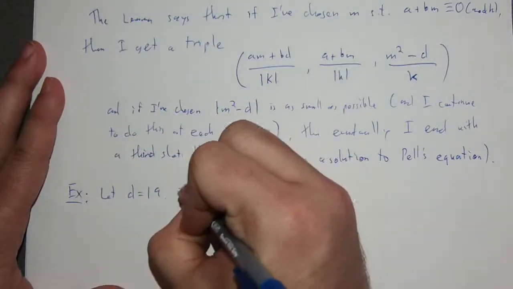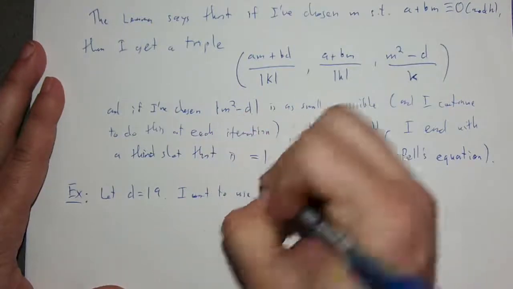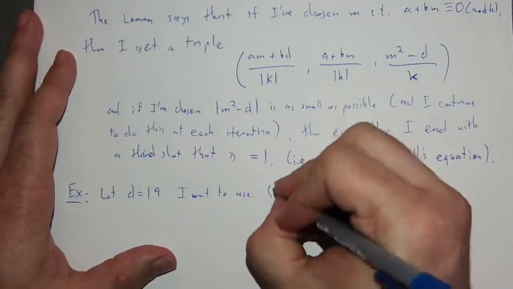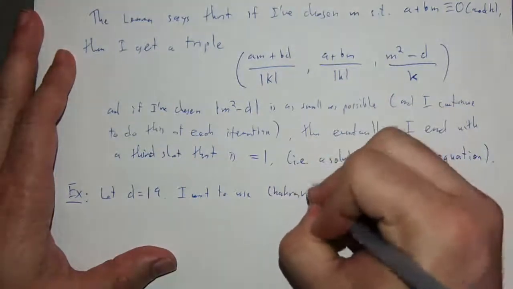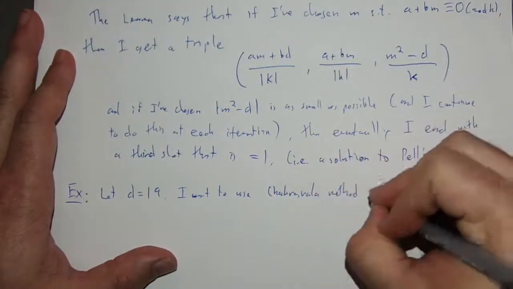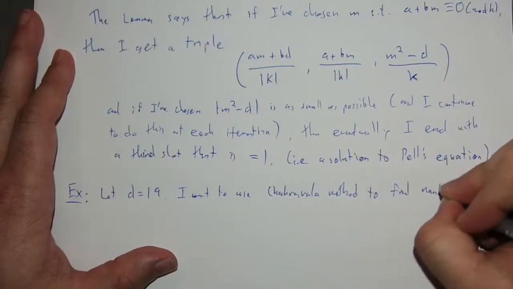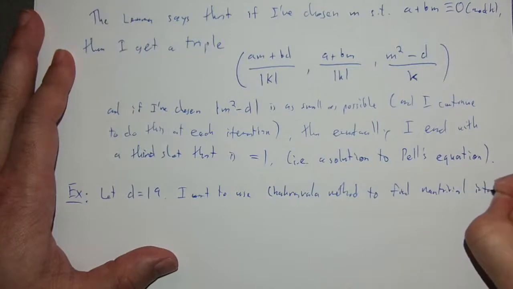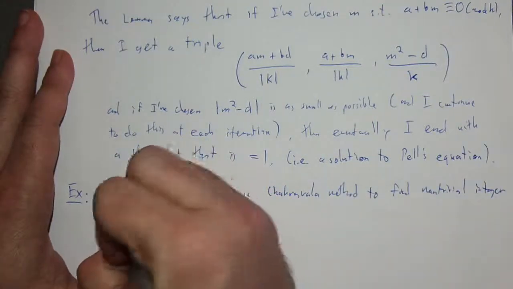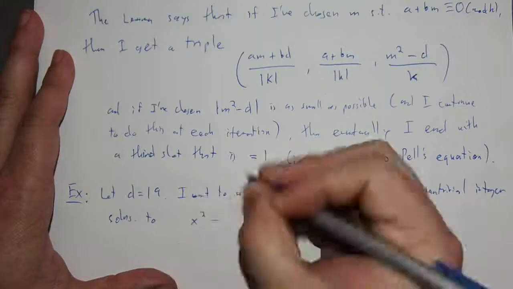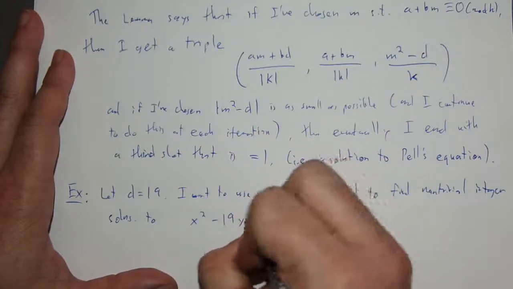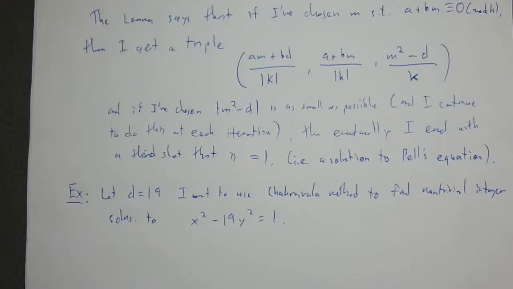I want to use the Chakravala method to find non-trivial integer solutions to x squared minus 19y squared equals 1.